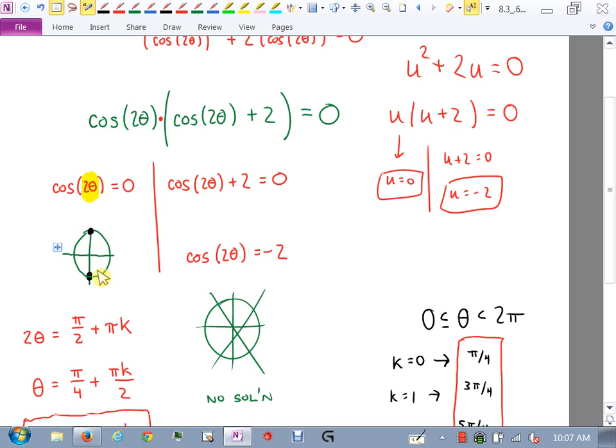I can do it by starting here and adding a half rotation. A half rotation is pi. So start here, add 1 pi, I'm here, right? Add 2 pi, I'm here. Add 3 pi, 4 pi, 5 pi, 6 pi. Totally separated from that. Yes?